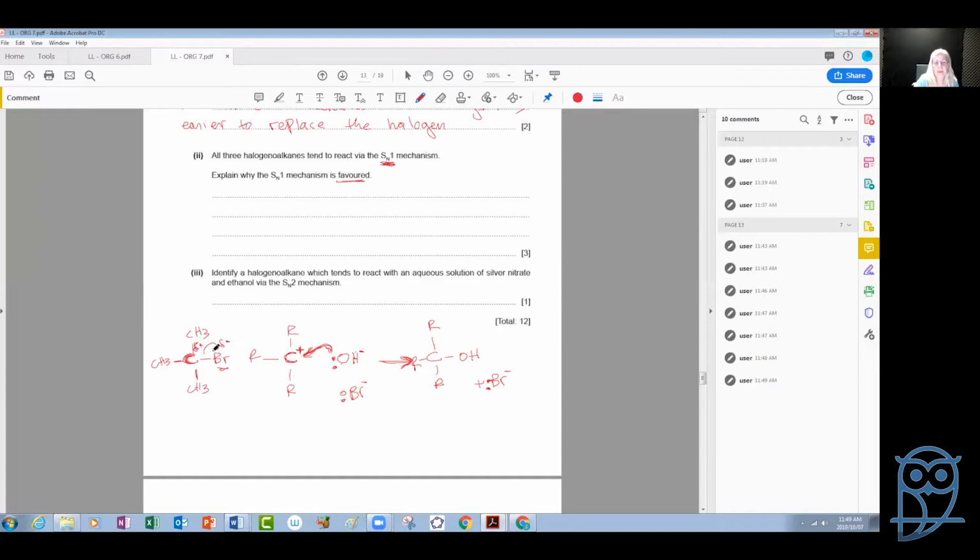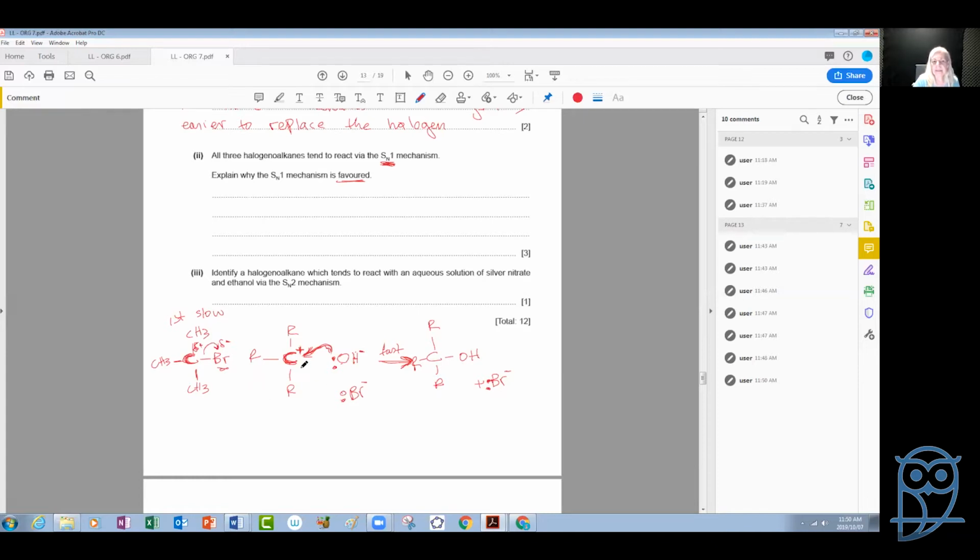The first step, which is the slow step, results in the formation of this carbocation, and then the hydroxide ion is attracted to this carbocation and forms an alcohol. And this is the second step that happens very fast. This is the fast step. This is the first slow step.